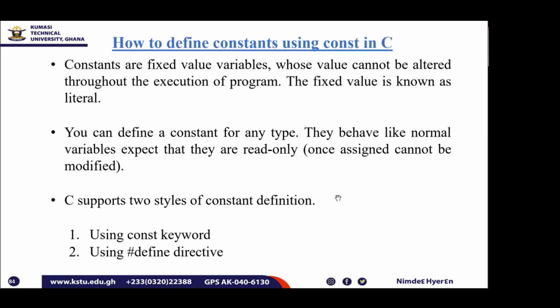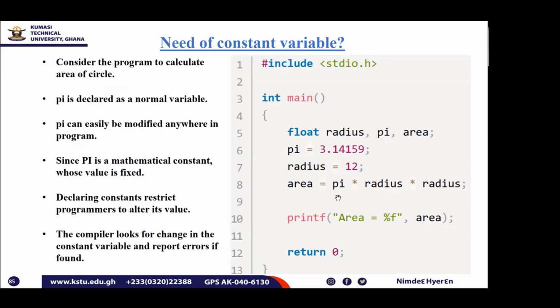Now, C supports 2 types of constant definitions. That is using the constant keyword or using the define directive. So let's look at something here. Consider a program that is being used to calculate the area of a circle. So when you look at the right hand, you see a code which is being used to calculate the area of a circle.